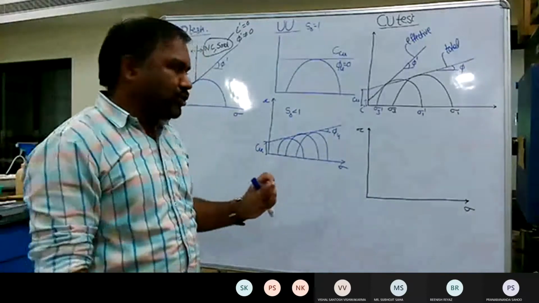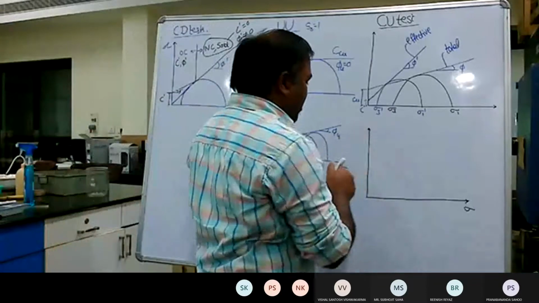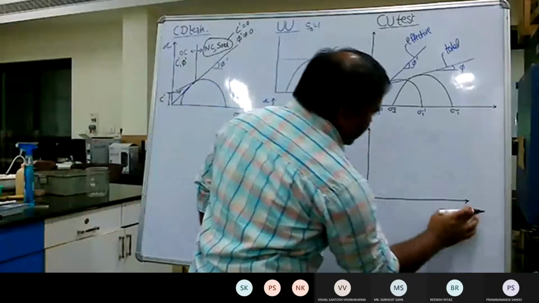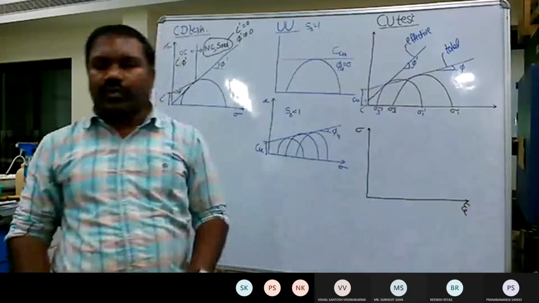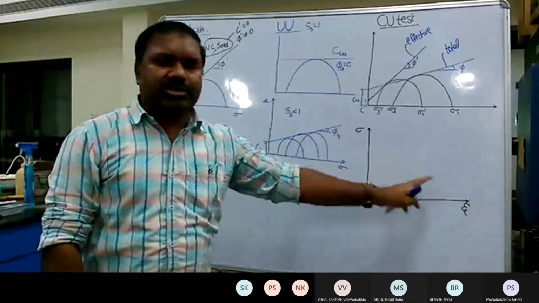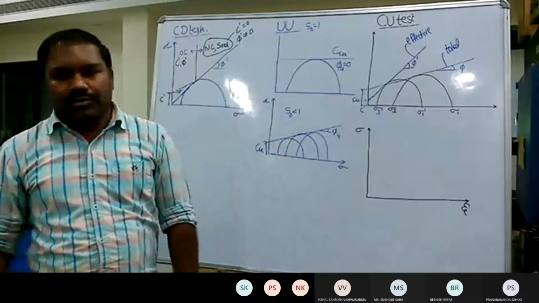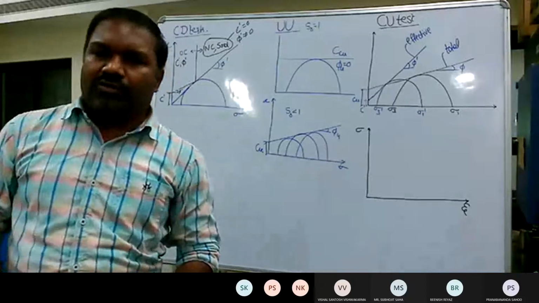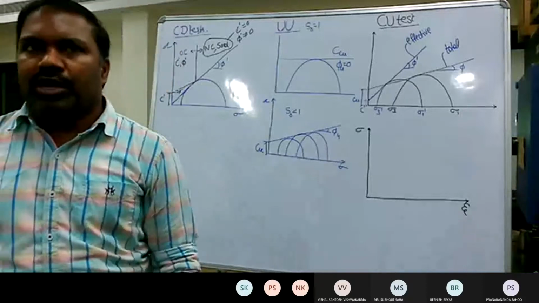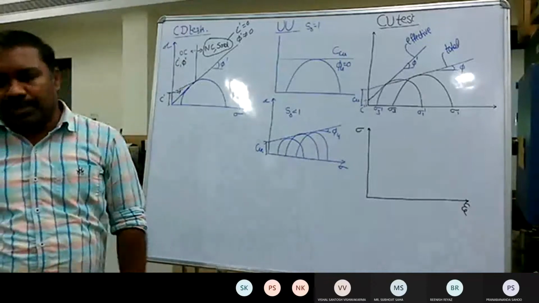My simple submission to you is, if I want to draw the stress strain curve, this is normal stress, this is strain. If you draw the stress strain curve for UCS, UU, CU and CD, which curve is the bottommost and which is the topmost? Please make an attempt.